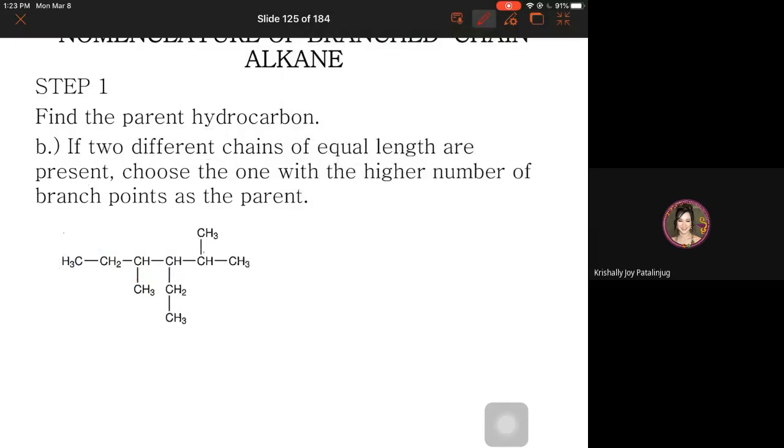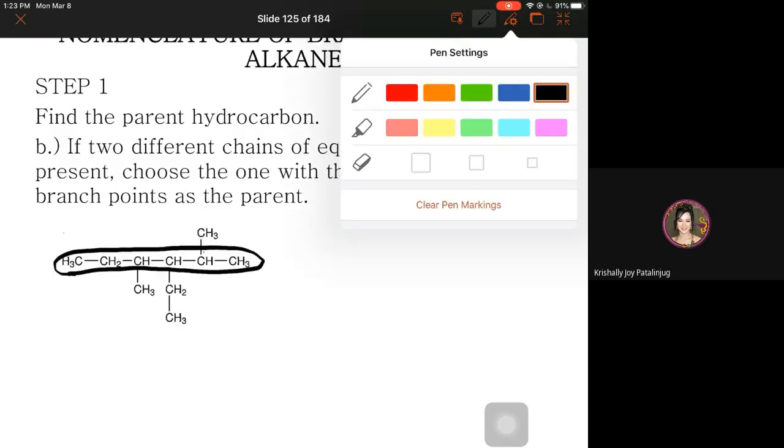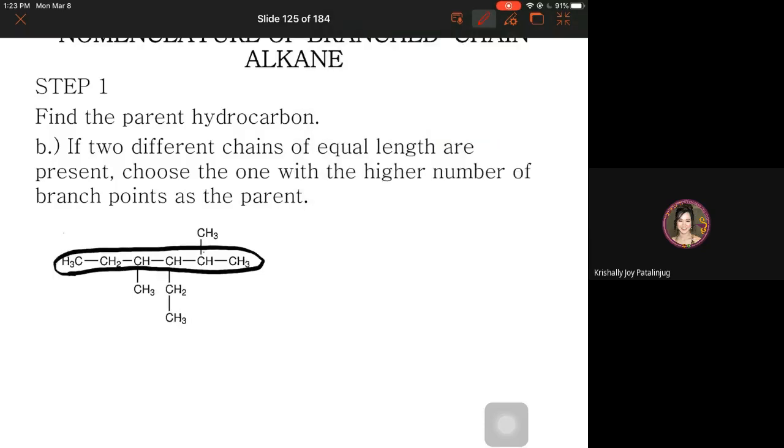But if you chose the one highlighted with black, ilan yung branching points? In this case, you have 3. 1, 2, 3. Okay? Therefore, this would be the chain with the higher number of branch points, higher number of substituents. Okay? Parehas lang yung substituents tsaka yung branch points ha.